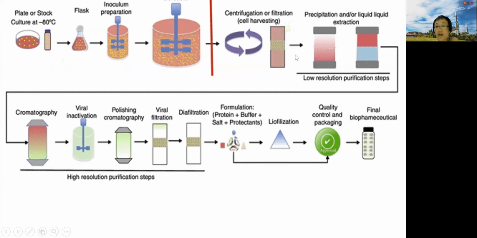Today, I would like to focus on single cell protein as a model bioproduct. This diagram shows the conventional bioprocessing from the upstream to downstream processing. Okay, so from the preparation of culture, as I mentioned in the previous course, a cell culture, for example, Bacillus subtilis, will be stored at negative 80 degrees Celsius, usually in glycerol, to protect the cell from cell lysis once taken out from the deep freezer.